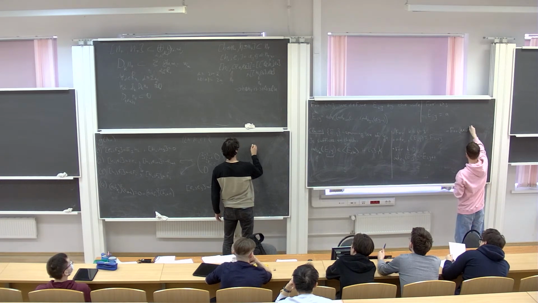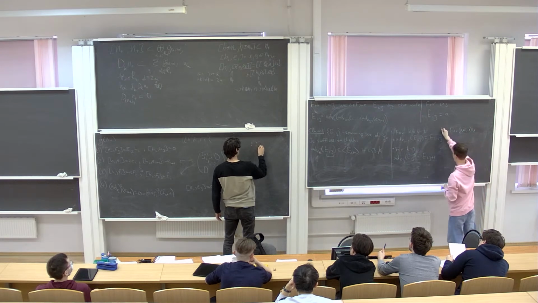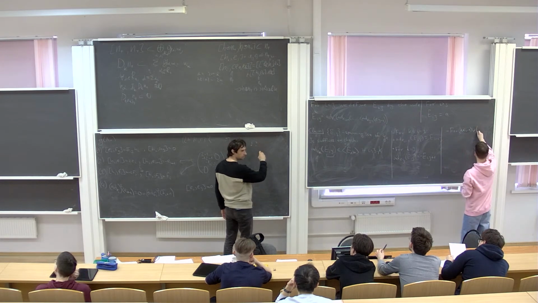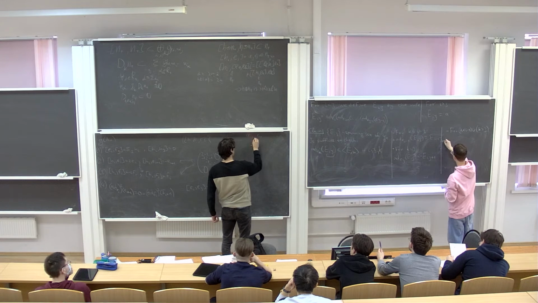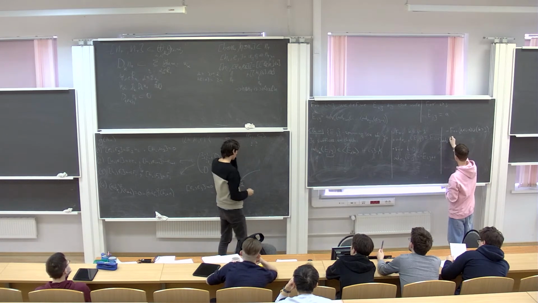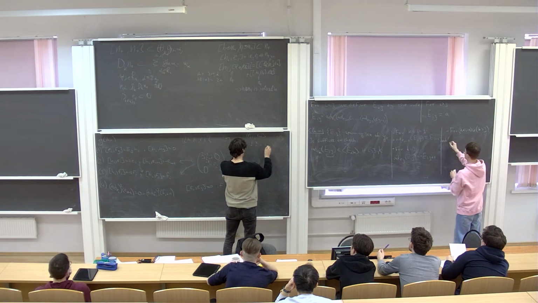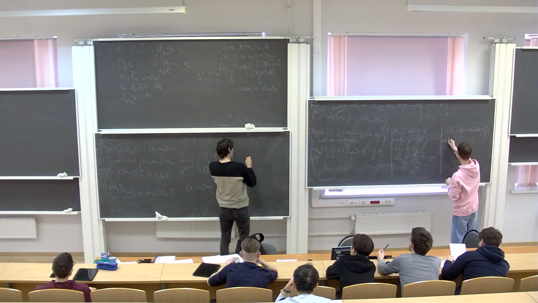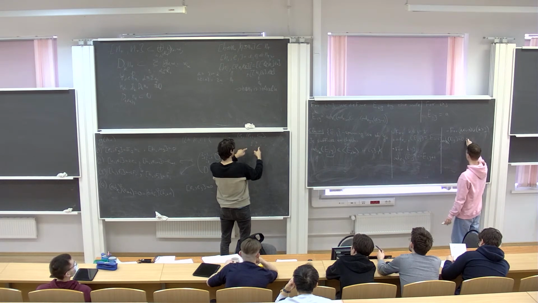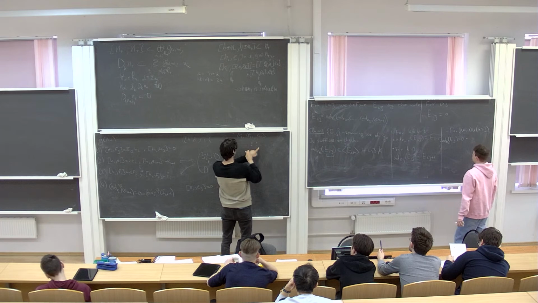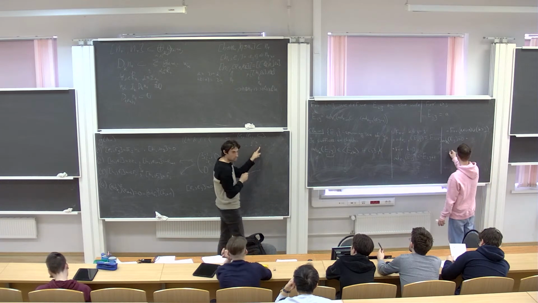If I take like 2, 3, 4, 2, 2, and 3, where this is E_{2,3}, this is E_{3,4}, and I have a bunch of them, then what I can add is either E_{1,2} or E_{4,5}.